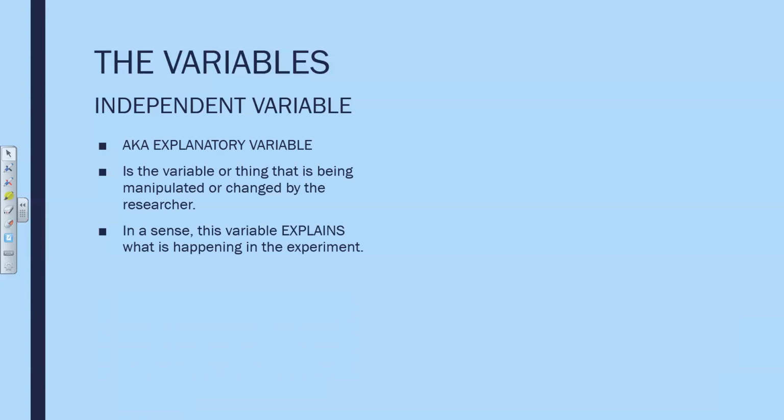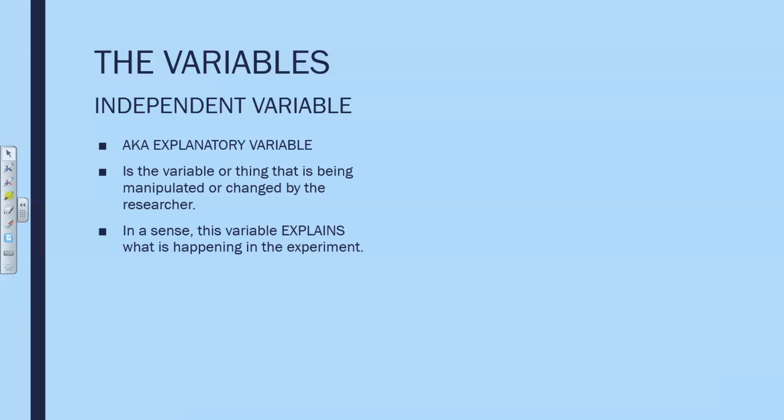That is the thing that is being manipulated. In the example we just looked at, they got an herb or they got a placebo. So my independent variable was whether or not they got the herb or the placebo. Which treatment or which medication did they get?